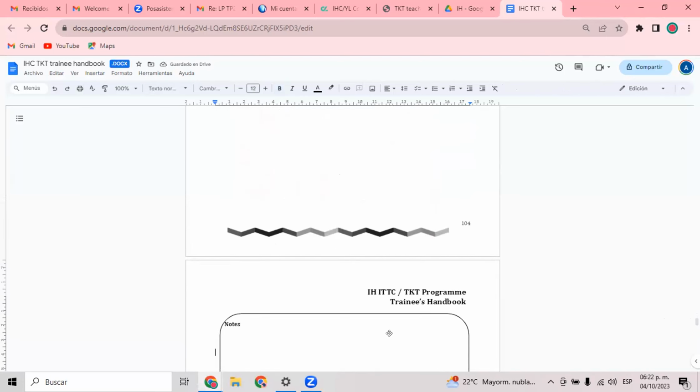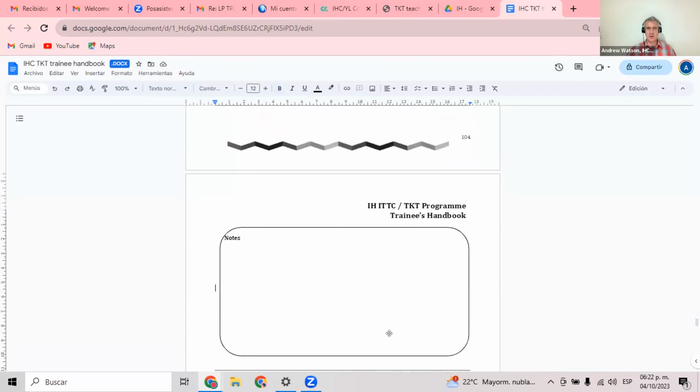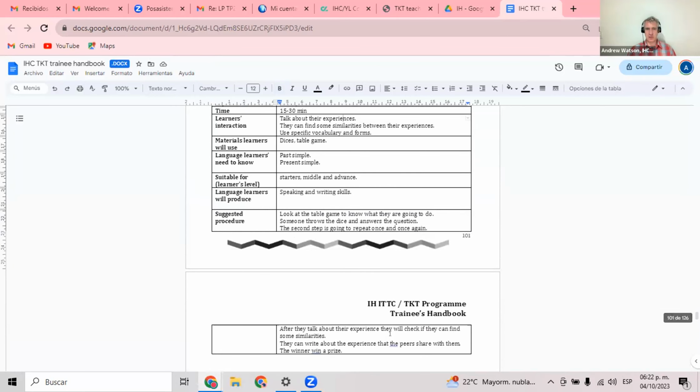So, any notes? That's it. Thank you. Well, okay. So Ana Maria, can you talk us through the sections? What is the learners' interaction? The learners' interaction is to talk about their experiences, and they can find some similarities between their experiences and use a specific vocabulary and form.